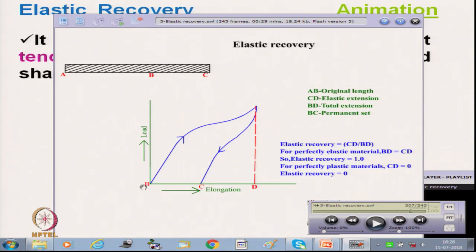In that case, for a perfectly elastic material, elastic recovery will be 1. For a perfectly plastic material, CD will not come back, it will remain at that point, so elastic recovery is 0.